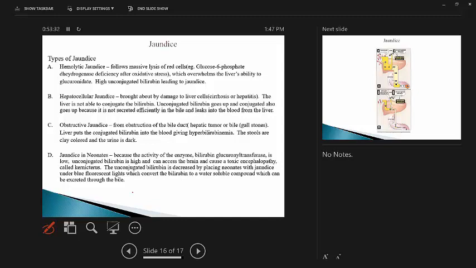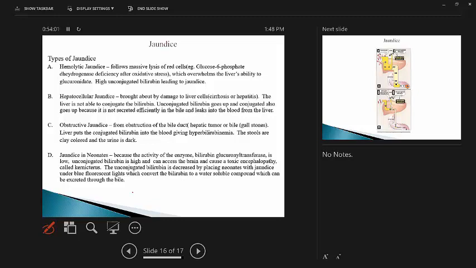Once you start to get cirrhosis of the liver, it's pretty much terminal. Or hepatitis. The liver is not able to conjugate the bilirubin, so unconjugated bilirubin goes up, and conjugated bilirubin is not secreted efficiently in the bile and leaks into the blood from the liver.